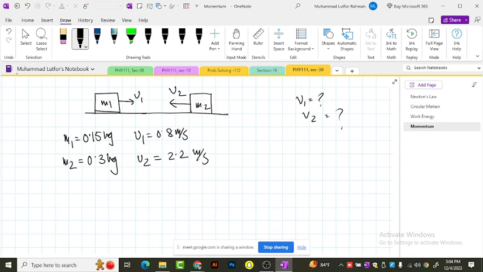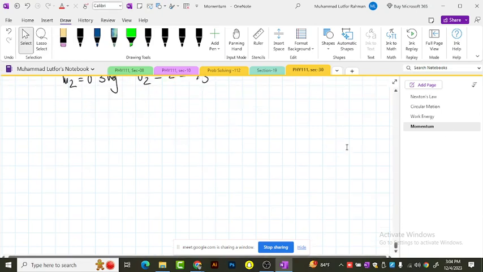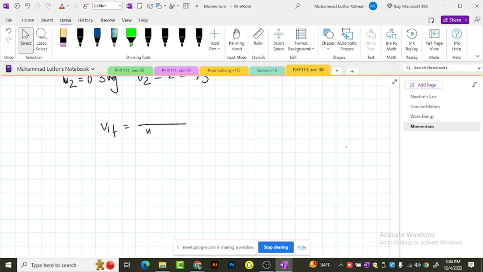Alright, to solve this one, I'll write down that equation. I'm writing this equation, which is V1F equals (M1 minus M2) over (M1 plus M2) times V1I plus 2M2 over (M1 plus M2) times V2I. I'm writing it in that case so that you can understand how I carry this information in my head.